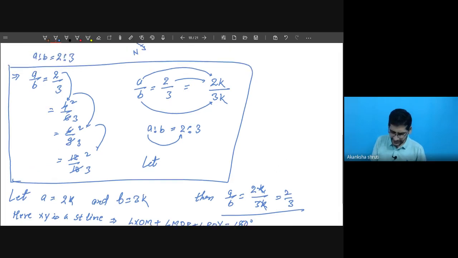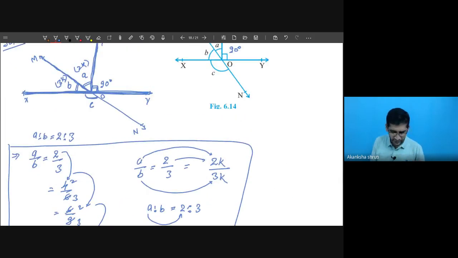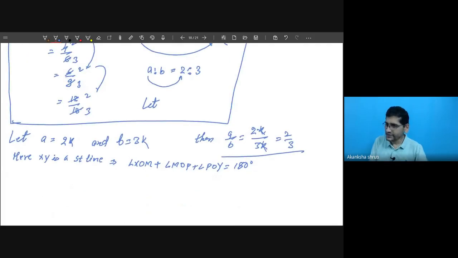Now what is our XOM? XOM is in terms of K, because whatever the ratio is given, from that we can calculate. So it is our 3K, or one may write first B. This implies it is our B. This is our A. This 90 is equal to 180.